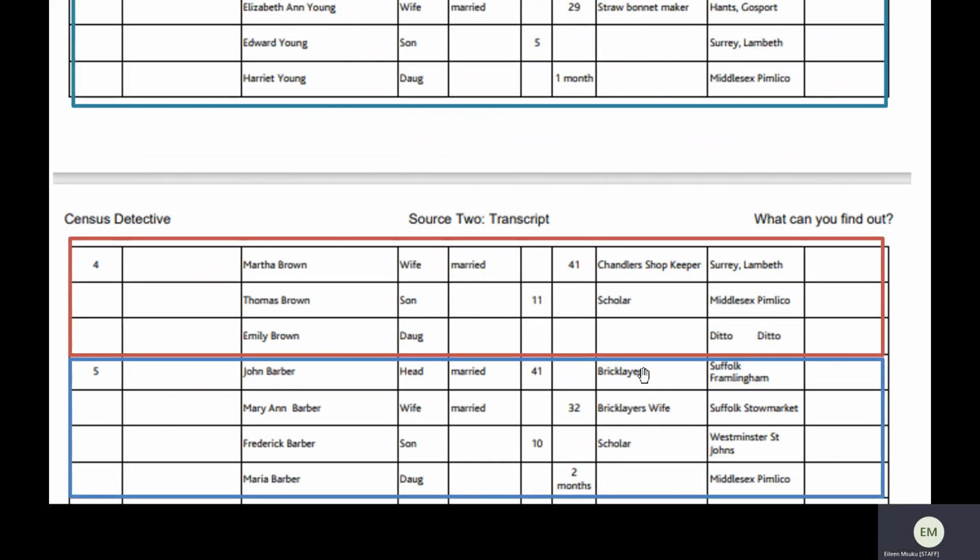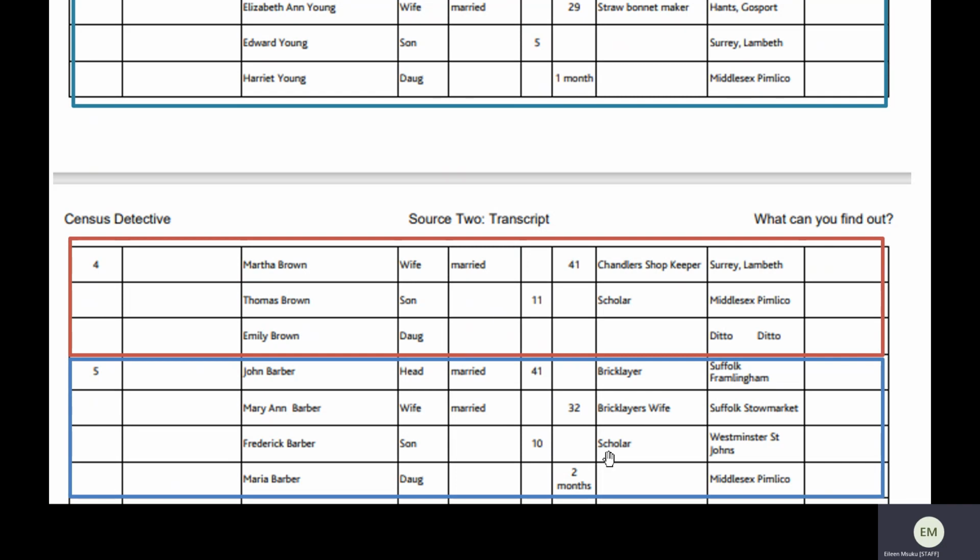His job's a bricklayer, and he came from Framlington in Suffolk, and his wife, who's 32, her job is bricklayer's wife. So she had a full title that was her job, was a bricklayer's wife. That was what she did. Being a wife was a job enough for her. And she was born in Stowmarket, Suffolk.